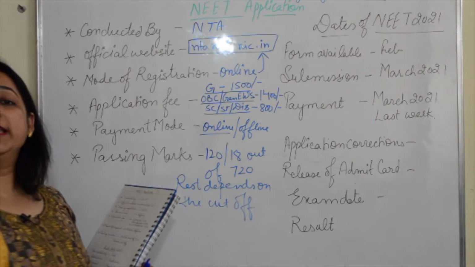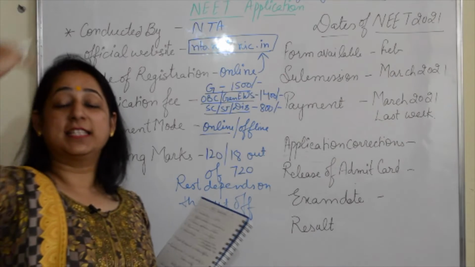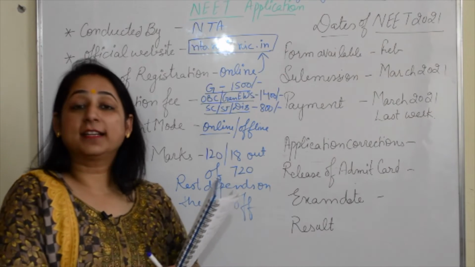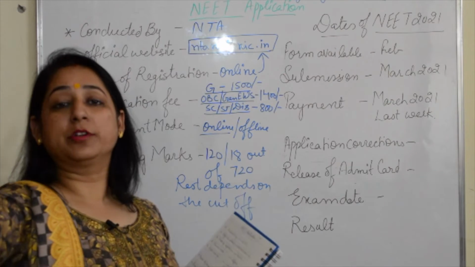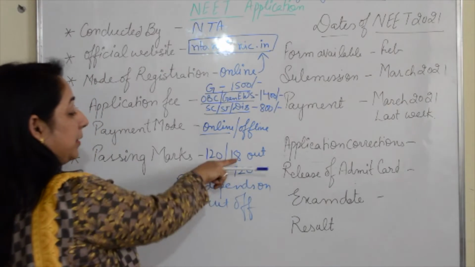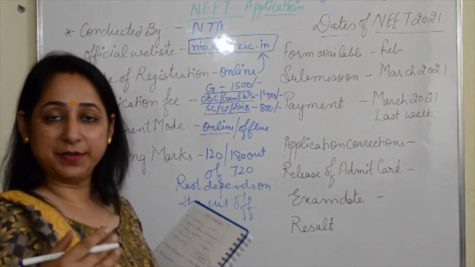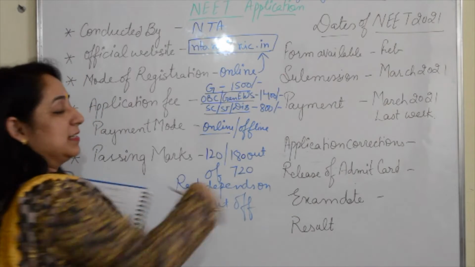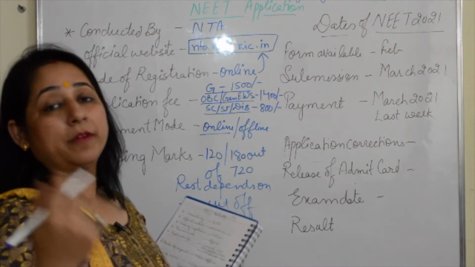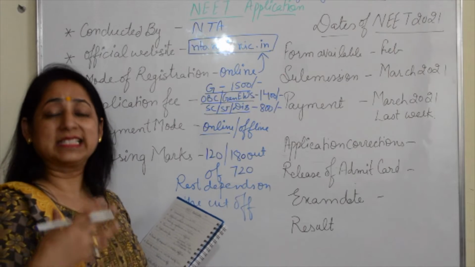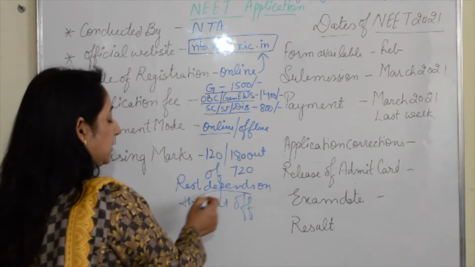The cut-off list depends on how much each child has scored. If it goes high, your required marks go up. If it is less, the numbers are reduced. But the passing marks, you can say, are around 180 out of the total marks. But the rest depends on the cutoff.